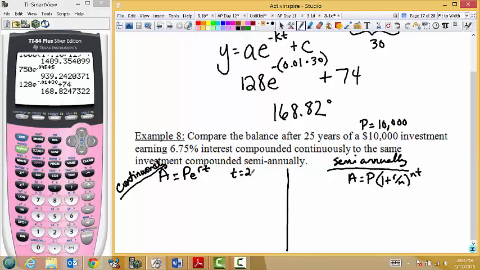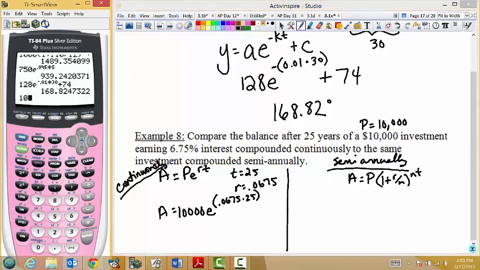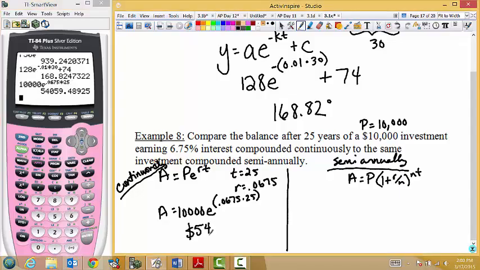T is 25 years, and R is 0.0675. So for continuous, P is 10,000, E to the 0.0675 times 25. So that's $54,059.49.